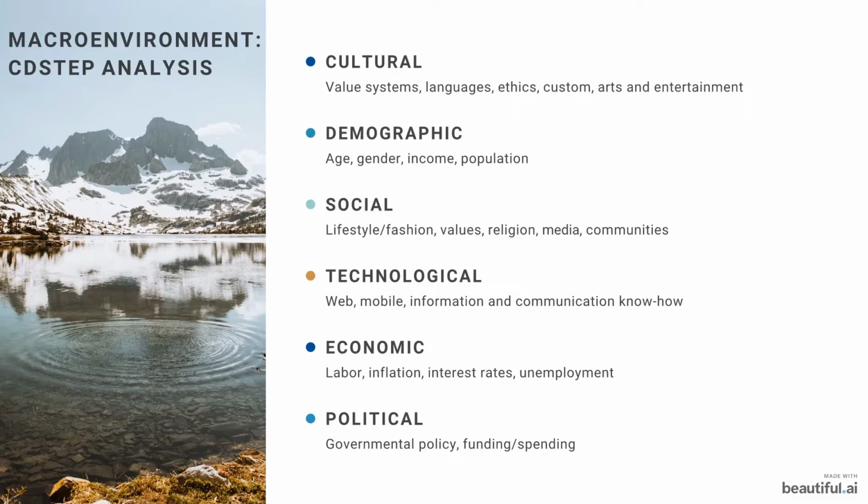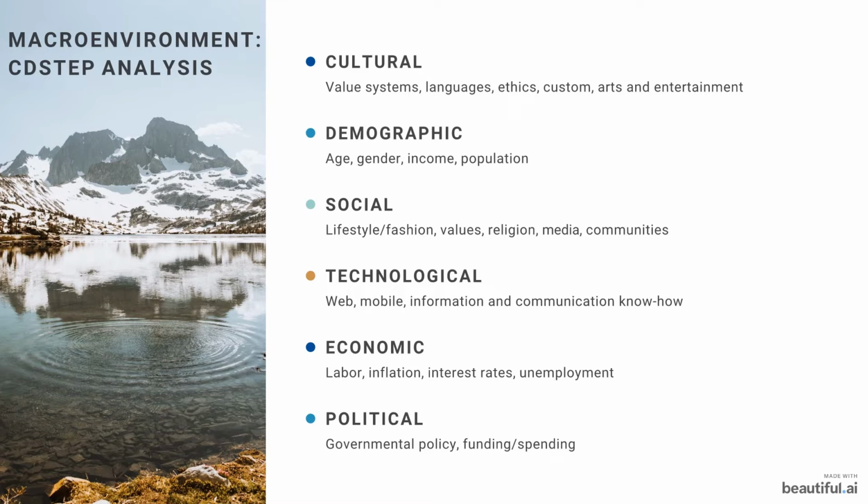This tool, which looks at the macro level environment, is called a CD-STEP analysis. The CD-STEP analysis effectively looks, as you can see here, kind of like a downward acrostic. It functions to look at the different cultural elements that are going on in the macro level environment.